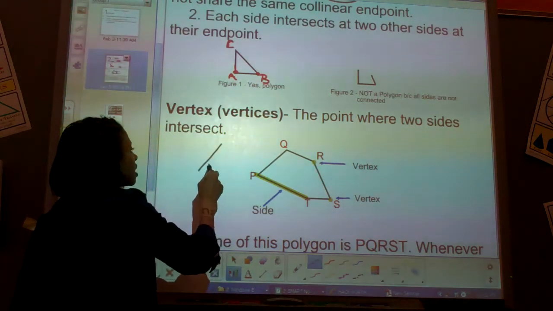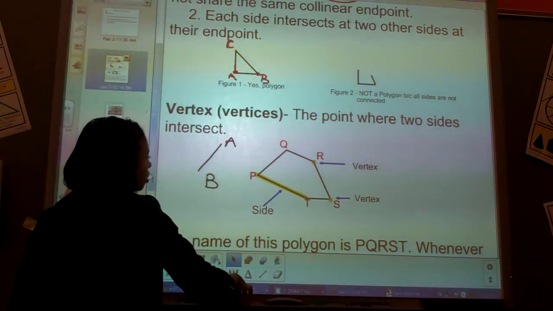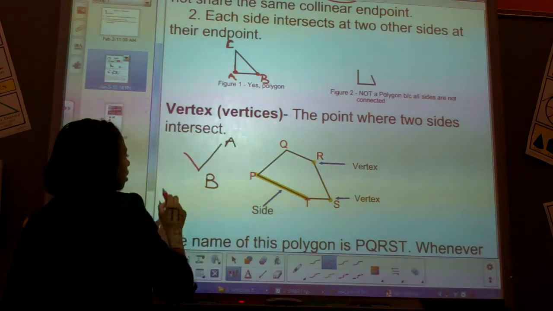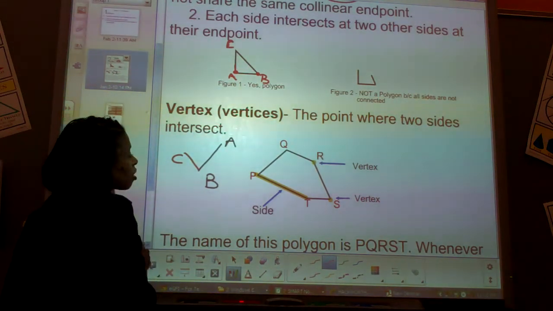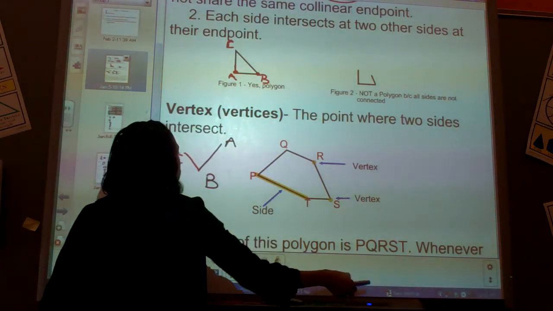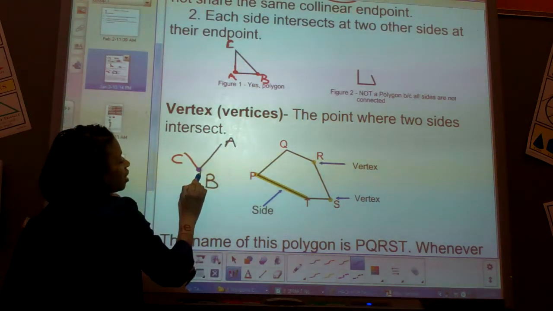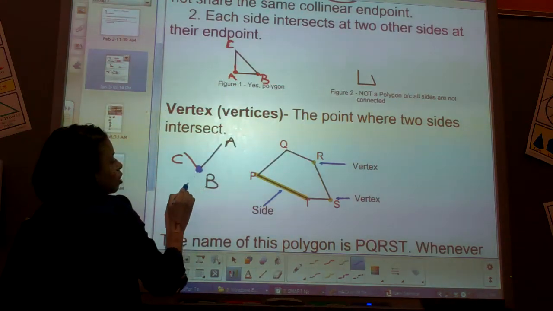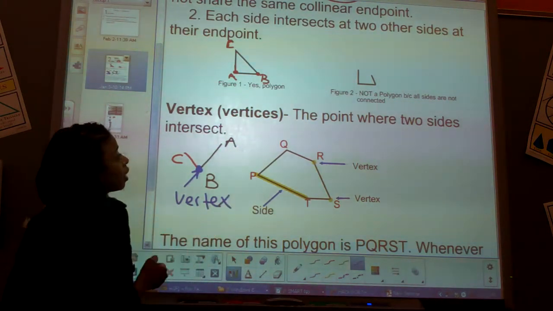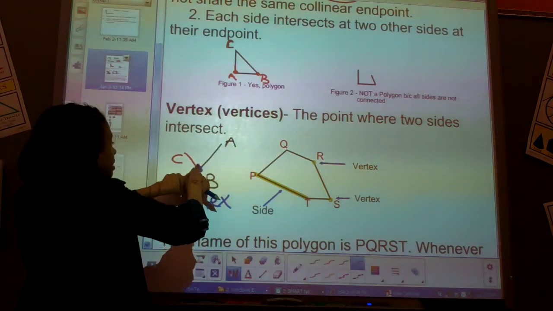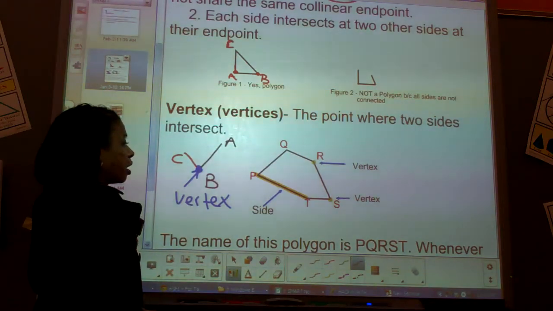So this is segment AB, and I have another line segment here, BC. The vertex is where segments CB and AB connect. They connect right at that point, so B is the vertex. It is where at least 2 sides connect.